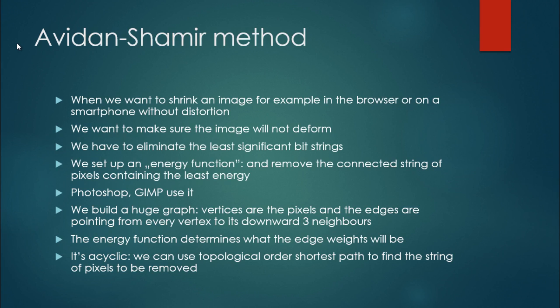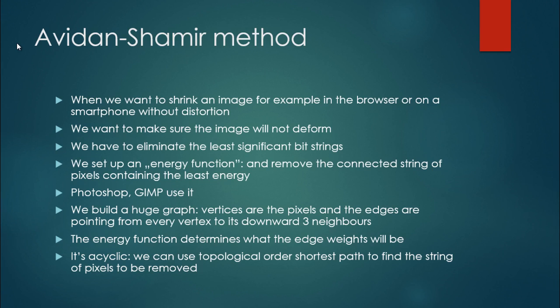We build a huge graph like that, and the energy function determines what the edge weights will be. This graph is acyclic, so we can use the topological order shortest path to find the string of pixels to be removed. We just have to run our topological order shortest path.